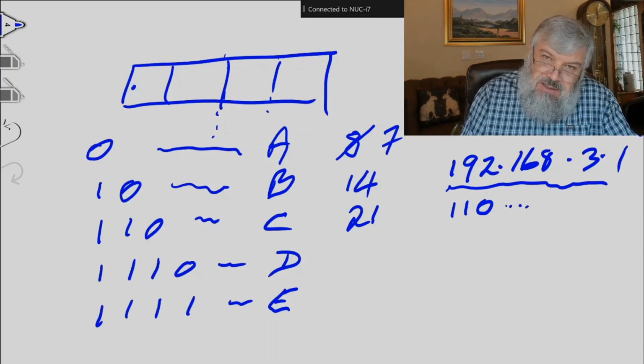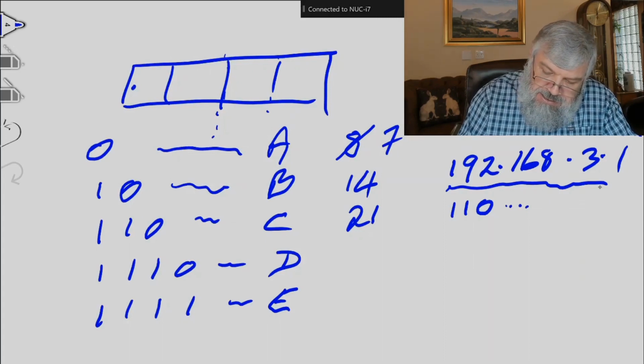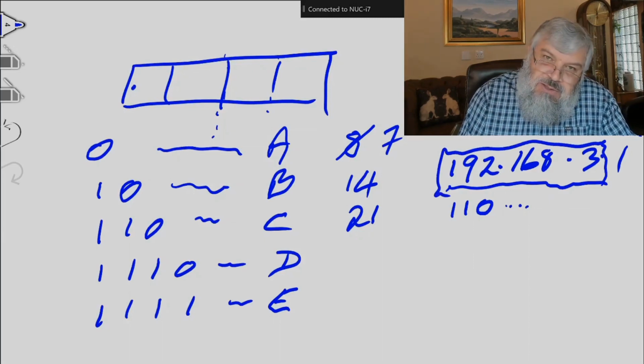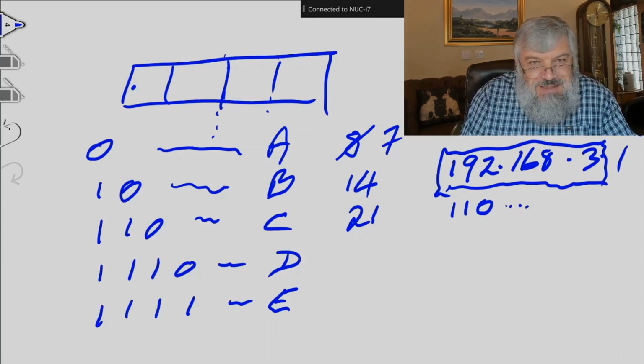Knowing that this is a Class C address tells us immediately that the network portion of the address would be those 3 bytes, and the host portion would be that final byte. For reasons that will become clearer a little bit later on, they also designed the notion of a net mask.